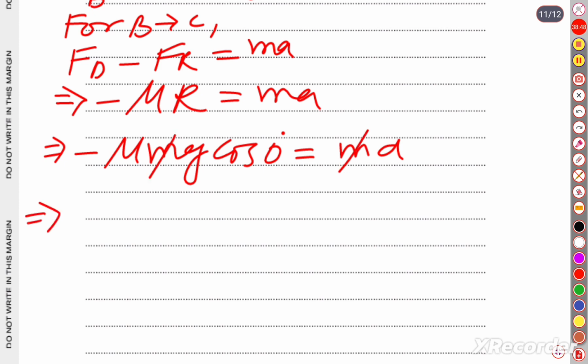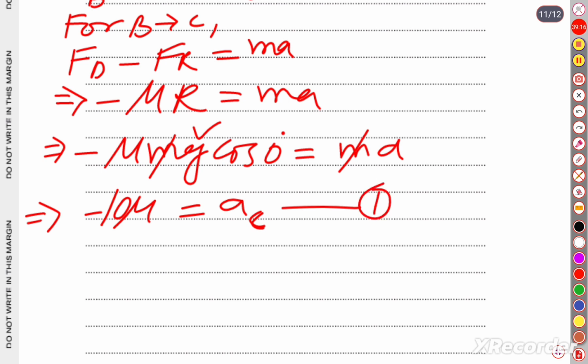So for the surface BC, the acceleration is negative mu, not just negative mu, there is g also, we cannot ignore it. It's actually 10 mu. So acceleration is negative 10 mu, at point C or at B, it's all the same. This is our one equation we can leave.